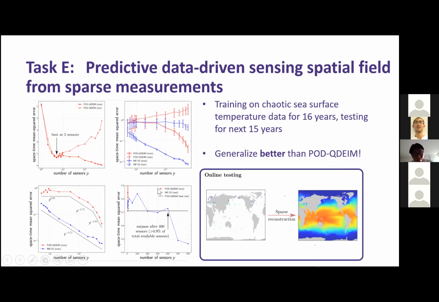And these applications have significance not only in predicting the sea surface, but also in building much better reduced models, because POD-QDEIM is a technique in projection-based reduced models, sometimes called hyperreduction. So right now I have a nonlinear hyperreduction that performs better than the original linear hyperreduction.